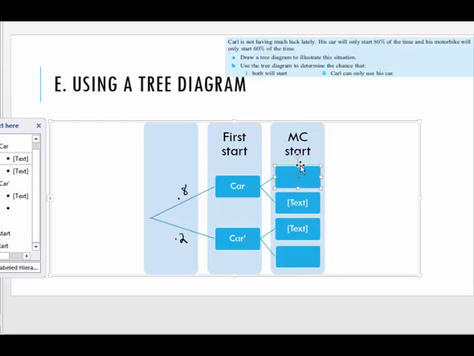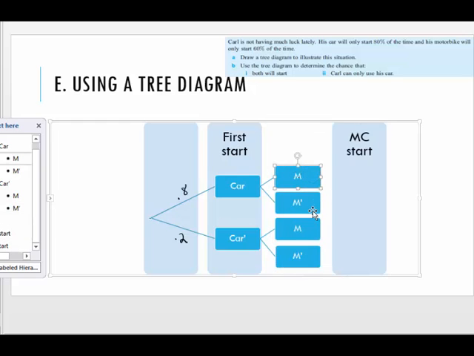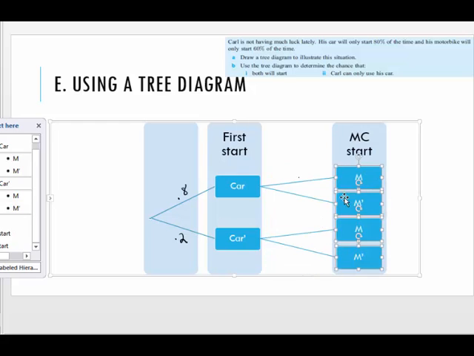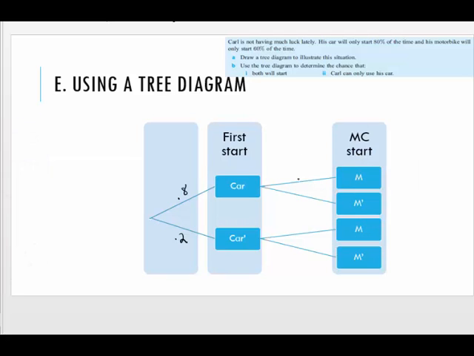So we say it either M's or it M primes. Okay? This one, it either M's or it M primes. I'd like to separate these out a little bit.